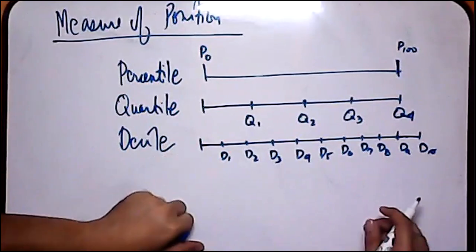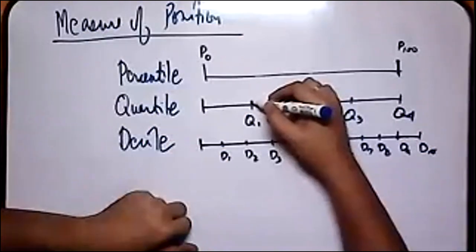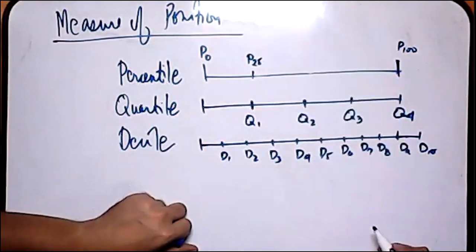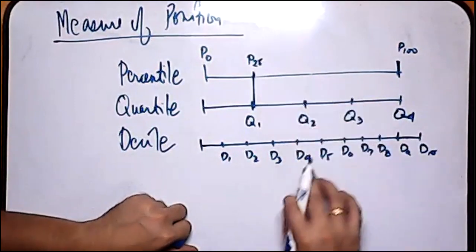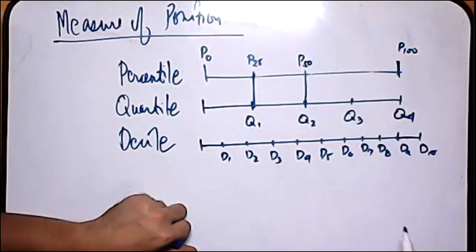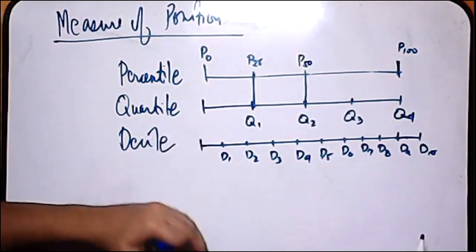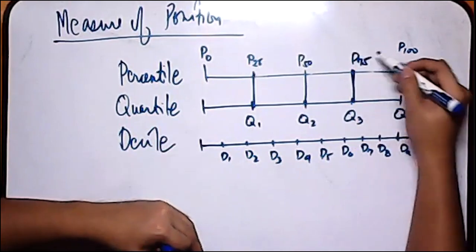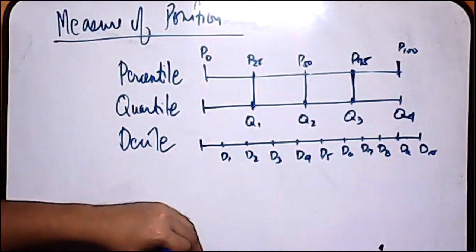So halimbawa, no? The Q1 is equivalent to the 25th percentile. The Q2 is equivalent to the 50th percentile because you're dividing it just equally, right? Q3 is equivalent to the 75th percentile. All right?